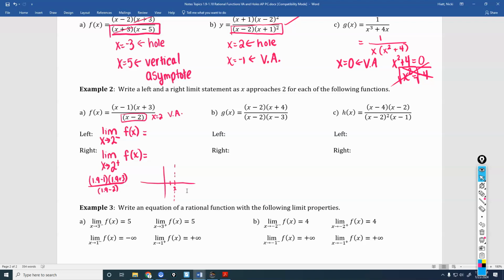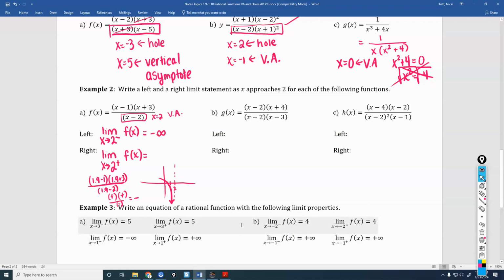I care about whether we're going down to negative infinity or up to positive infinity, right? So 1.9 minus 1 is a positive number. 1.9 plus 3 is a positive number. 1.9 minus 2 is a negative number. What will I get overall for that? Negative. So this side, I'm not really sure what it looks like, but it's going down.